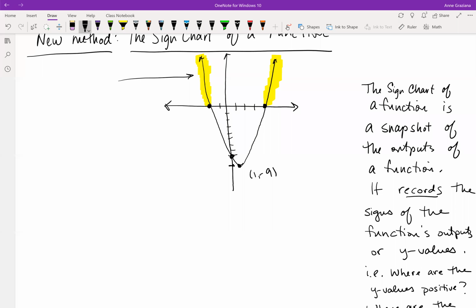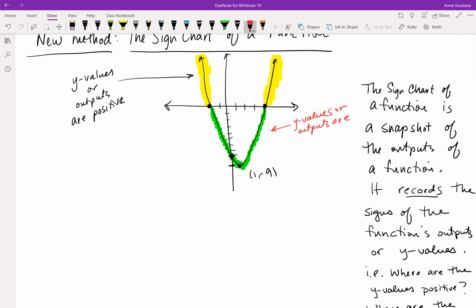The y values or outputs are positive. So below the x-axis, what are all my y values down here? Negative. Yeah, the y values or outputs are negative.